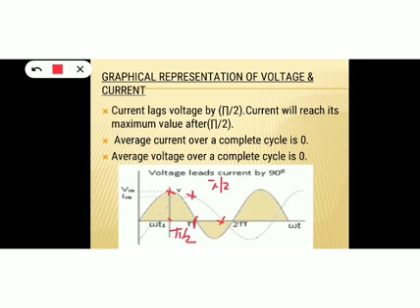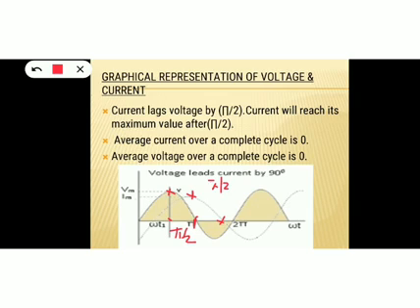What is the difference between 3 pi by 2 and pi? That is again pi by 2. Like that, voltage becomes maximum, then 0, then again maximum, first. Current reaches maximum and minimum values only after a phase difference of pi by 2.